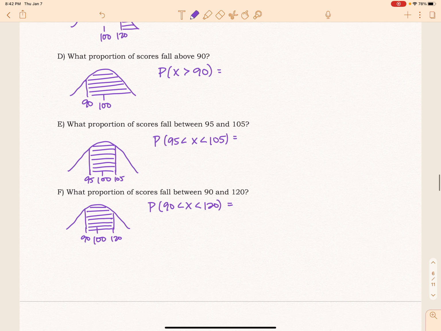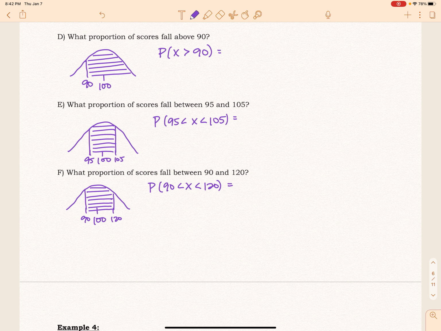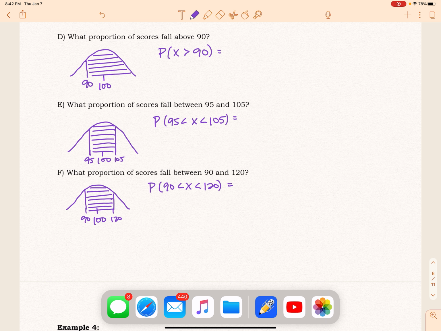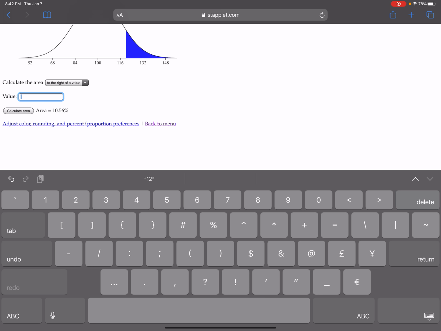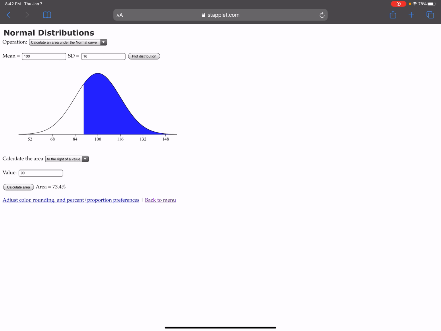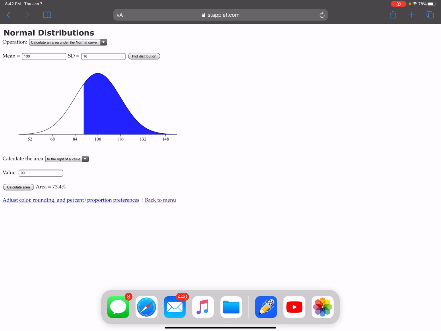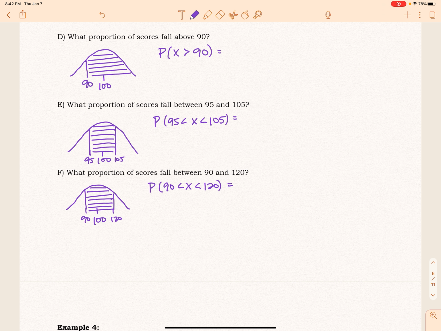So for part D, what is the proportion of scores that fall above 90? I'm going to go to Stapplet again. Still to the right of a value, calculate the area, 73.4%. And then part E, what proportion of scores fall between 95 and 105?